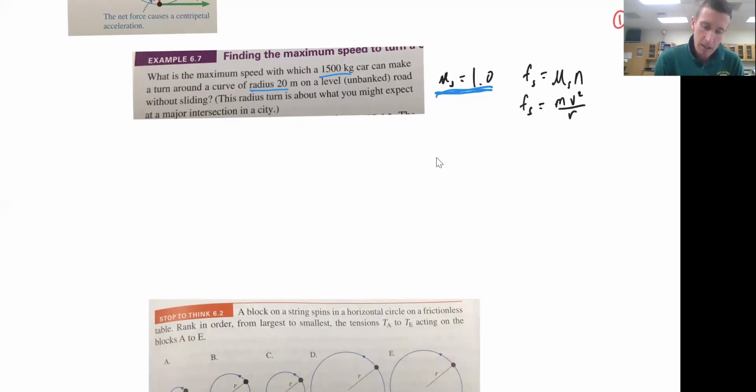All right. I also know that the force of static friction is equal to mu sub s, the coefficient of friction, times the normal force, and that the static friction is equal to the net force, which is mass times velocity squared over the radius. So let's set those equal to each other.